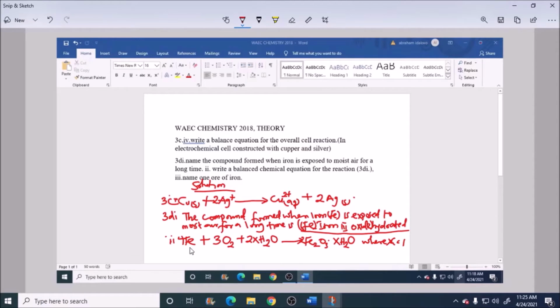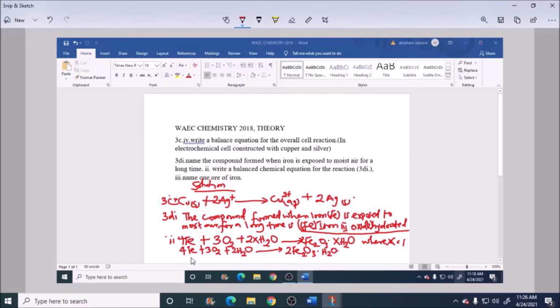So we can write our equation as 4Fe plus 3O2, that is oxygen gas, plus 2H2O, that is 2 moles of water. Then it gives 2Fe2O3 dot 1 mole of water.